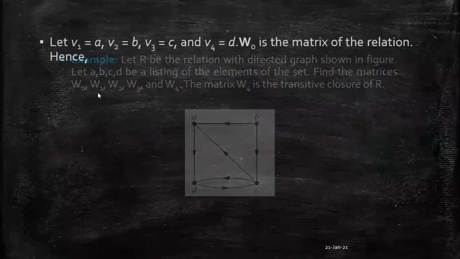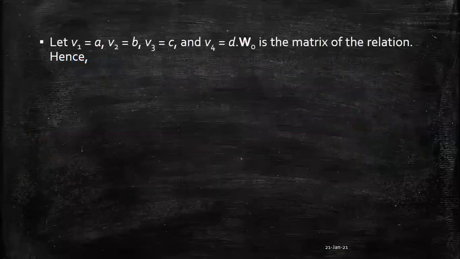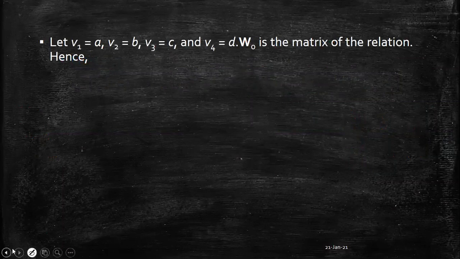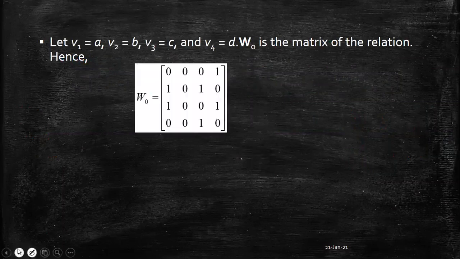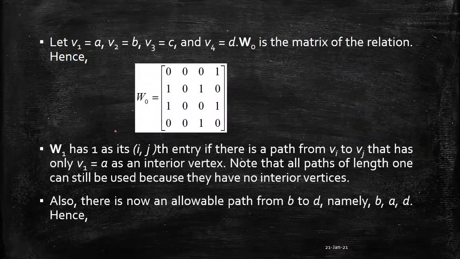Let's see. So we have taken the 4 vertices, we have created the W0 matrix, and then after that, how should we create W1? W1 will have 1 as its ij-th entry, where i is the row and j is the column, if there is a path from Vi to Vj that has only V1 as an interior vertex.